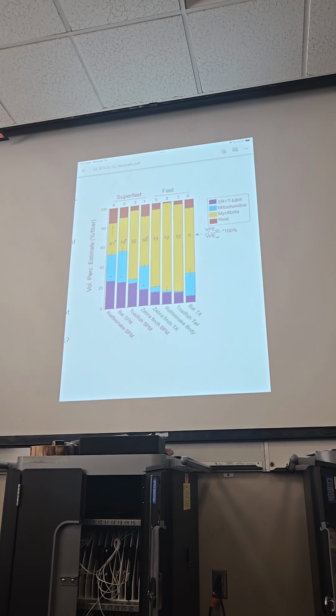Fast twitch, you're going to have a lot of mitochondria. Long distance runners, your blood is putting more glucose into there. So maybe a few more mitochondria, probably not.